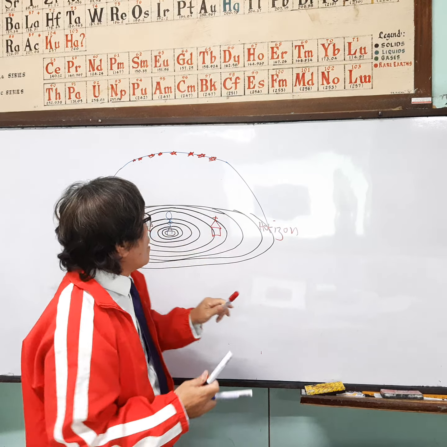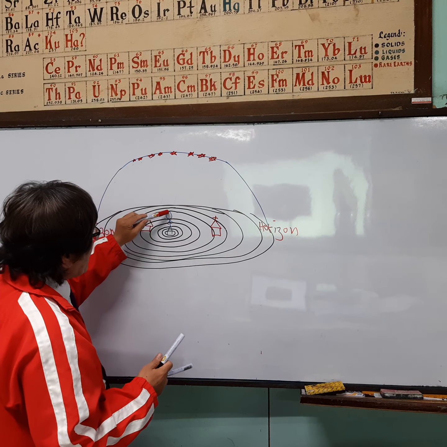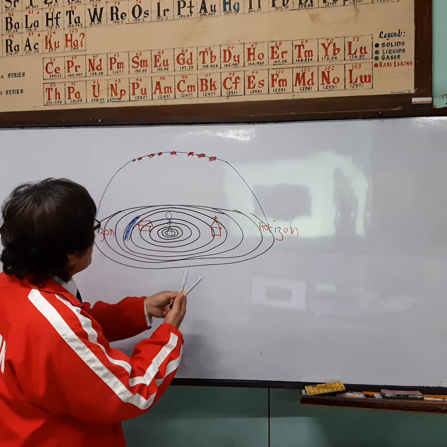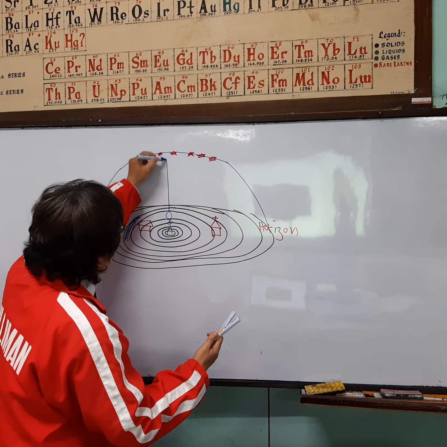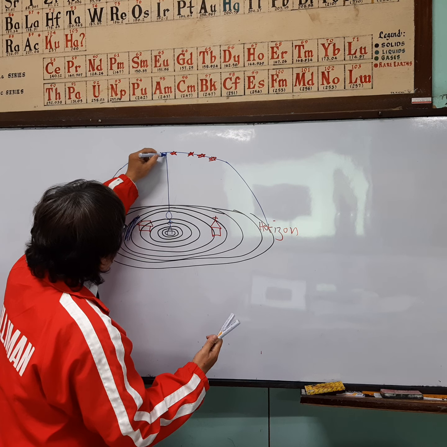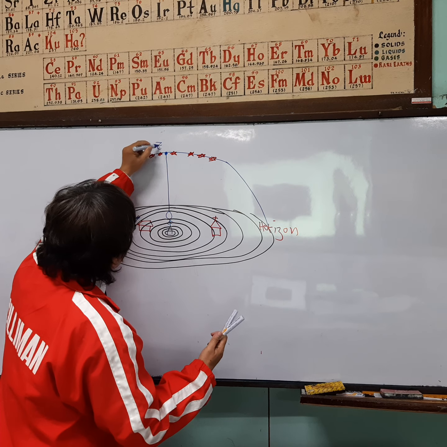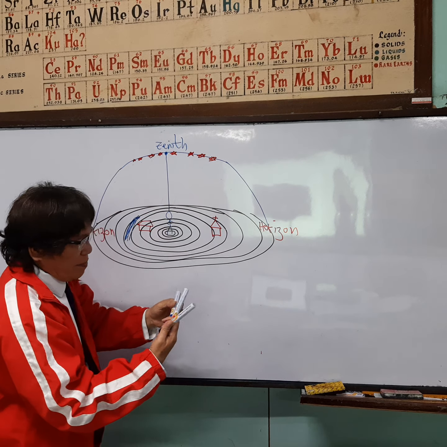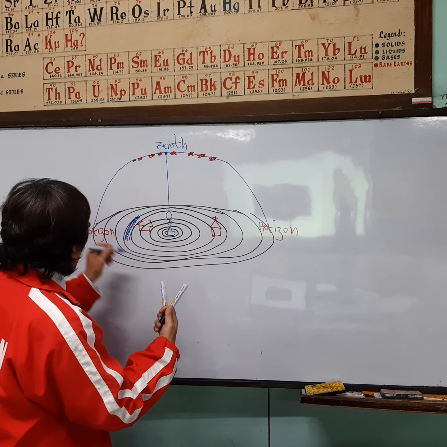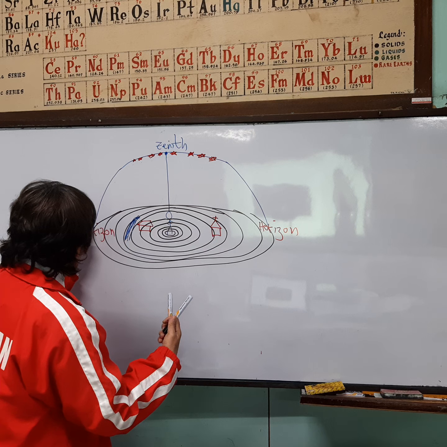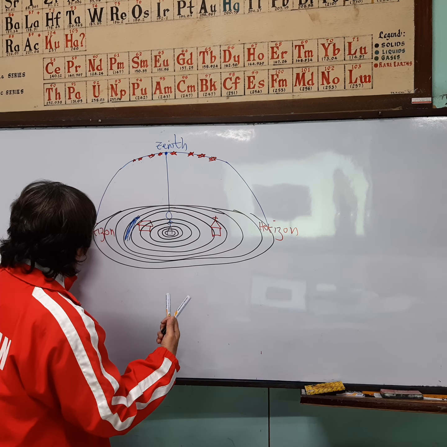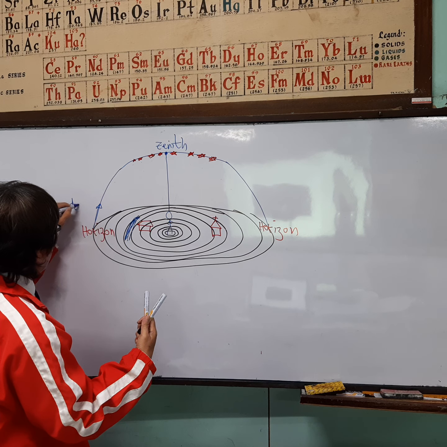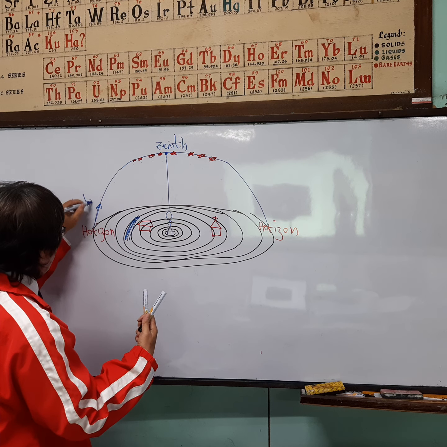The point directly above you, this point directly above you, is what we call the zenith. And the distance from the horizon up, this is the declination.